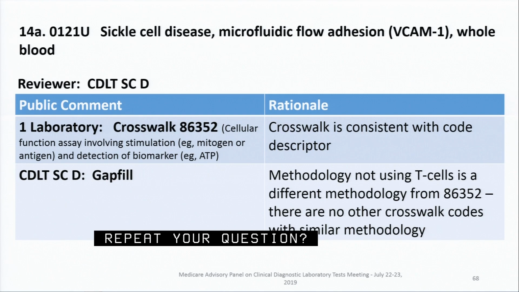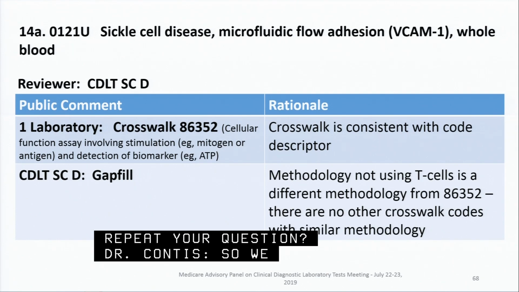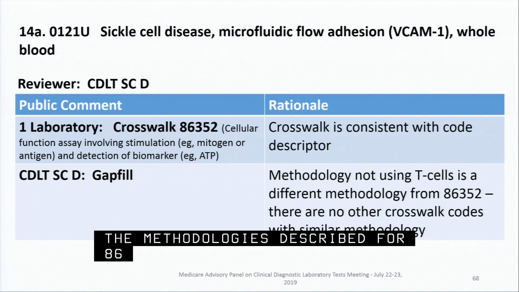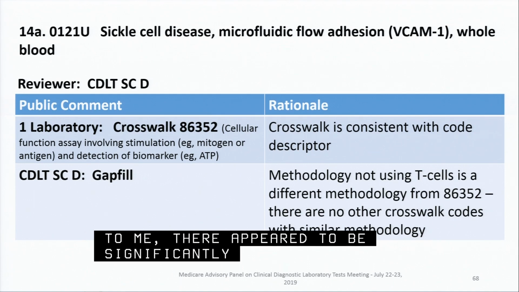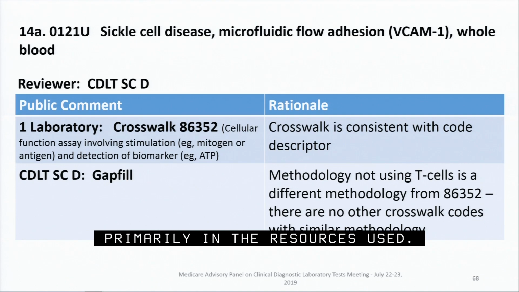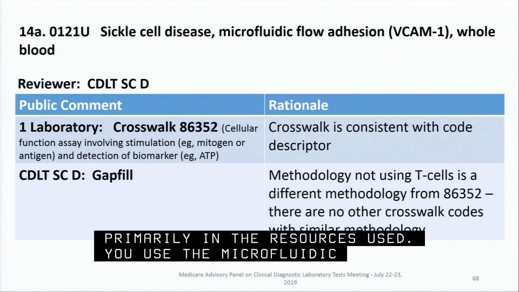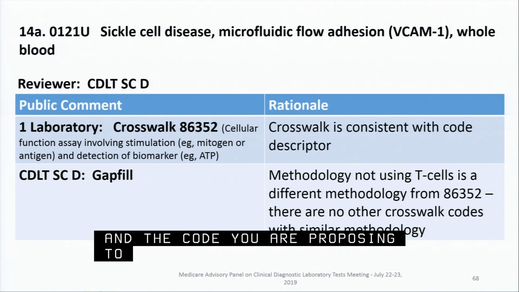Hi. So we were comparing the methodologies described for 86352, and to me, they appeared to be significantly different, primarily in the resources used. You use the microfluidic plate, and the code that you are proposing to crosswalk uses a luminometer, and from what I understand, your methodology is different in detecting.